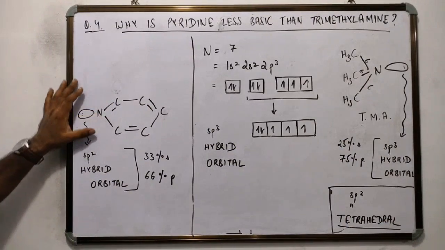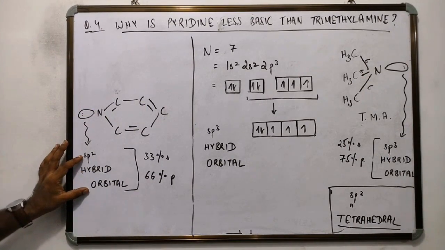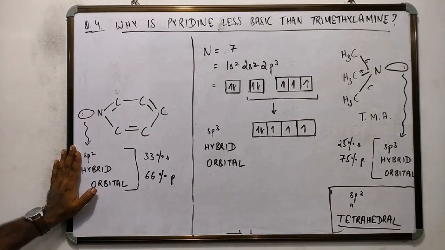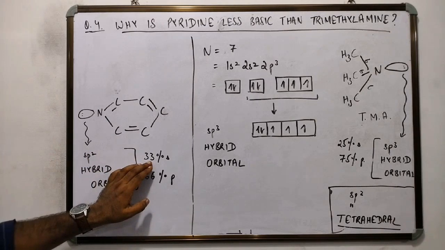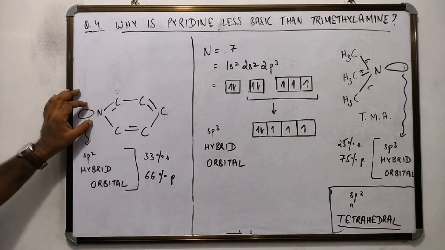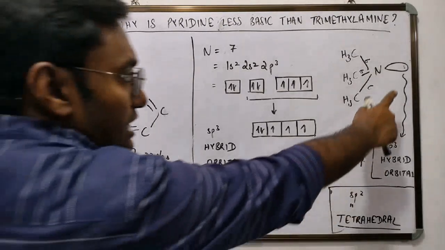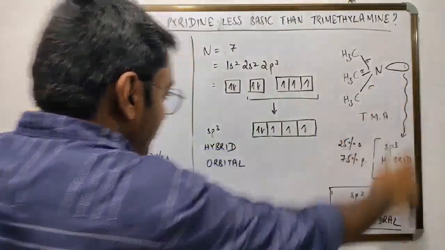Contrarily, in pyridine, we see that the lone pair of electrons is in an sp2 hybrid orbital. An sp2 hybrid orbital has 33% s character and 66% p character. That means the lobes are much shorter than they are for the sp3 hybrid orbital.